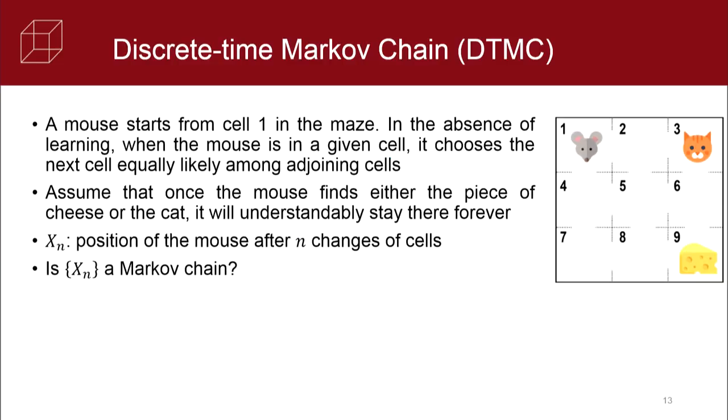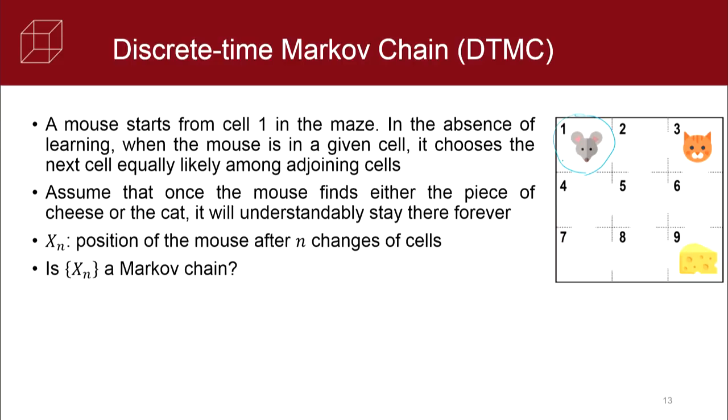All right, we are going to take a look at an example for better understanding of the Markov chain. In this example, a mouse starts from cell 1 in this maze.